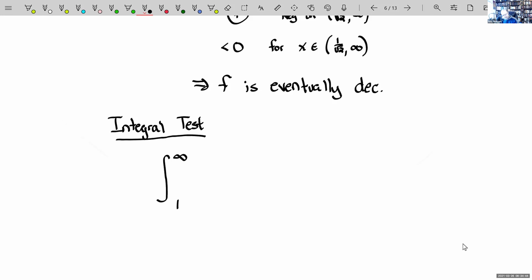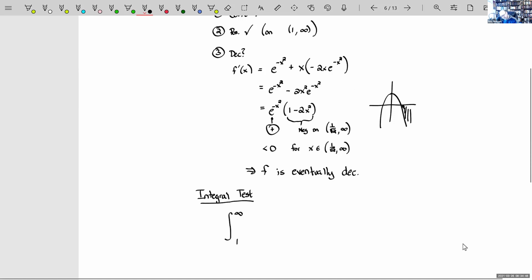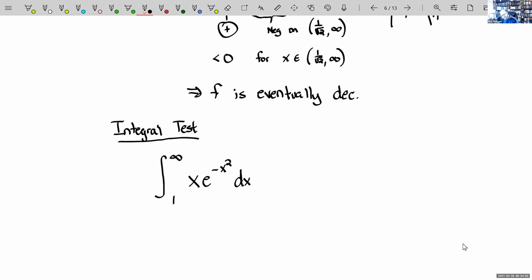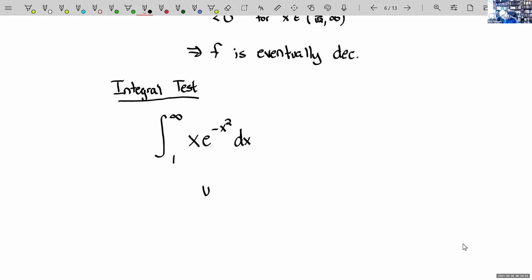Again, it was x e to the negative x squared dx. I'm going to start by just doing a simple u sub. We'll let u equal x squared, so that du equals 2x dx. This is kind of a nice substitution, because this will be the integral of, well, when x is 1, u is 1.